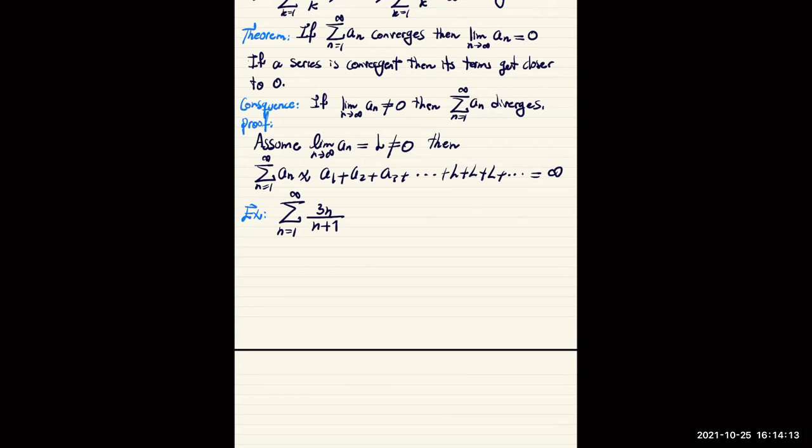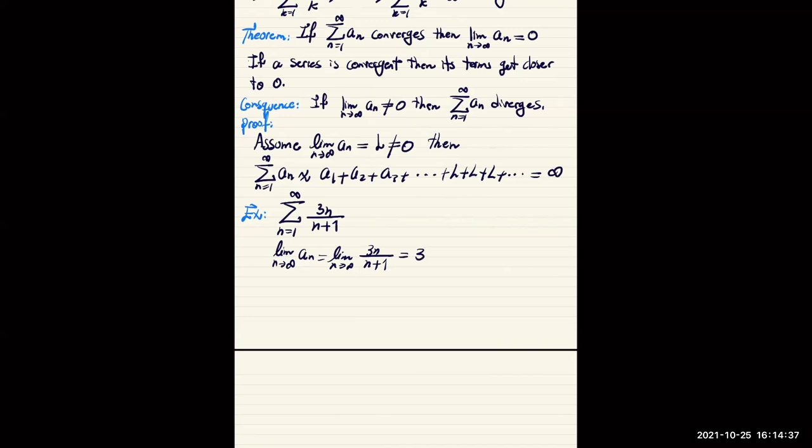Let's take the limit of the nth term, the limit as n goes to infinity of a sub n, which is the limit of 3n over n plus 1. Well, this limit is just 3 over 1, that is equal to 3.